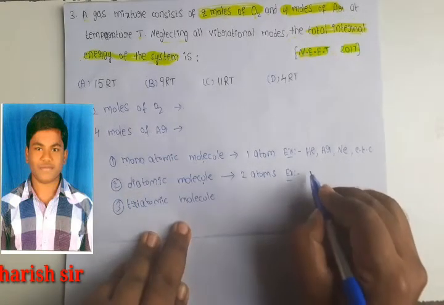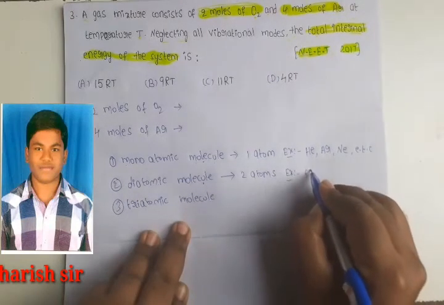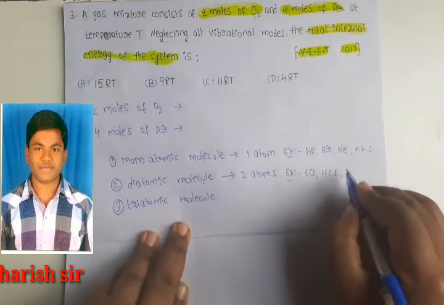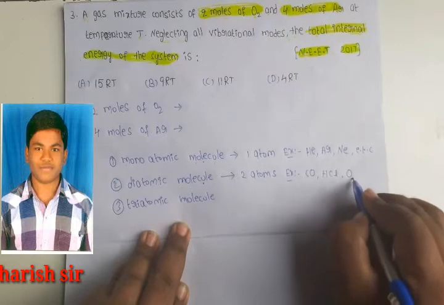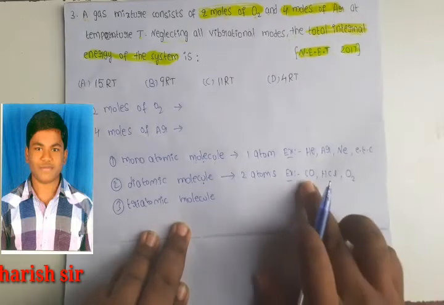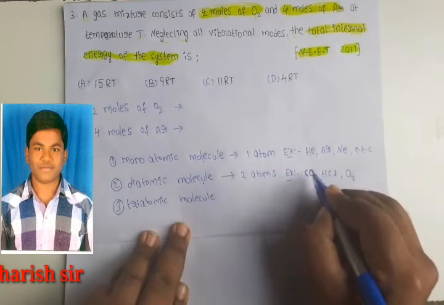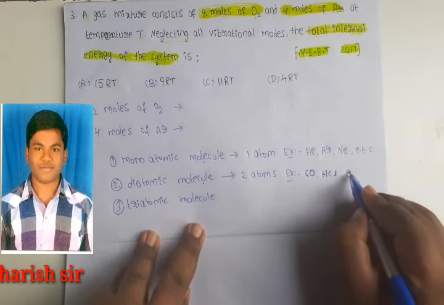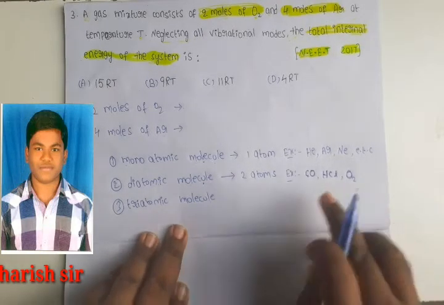Examples are carbon monoxide CO, HCl, and hydrogen gas. Every molecule contains two atoms: here carbon and oxygen, here hydrogen and chlorine, here two oxygen atoms.